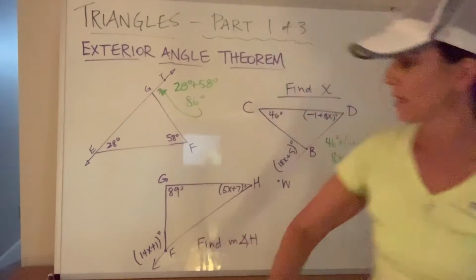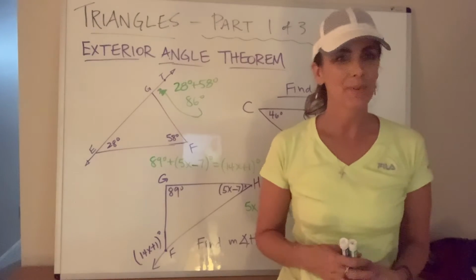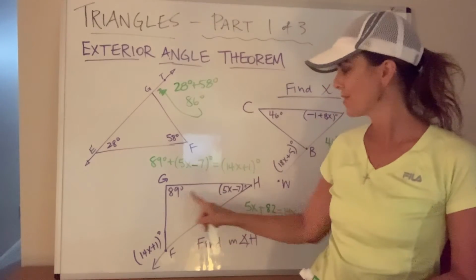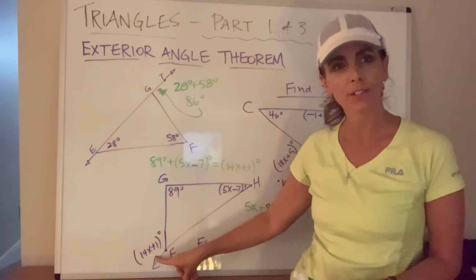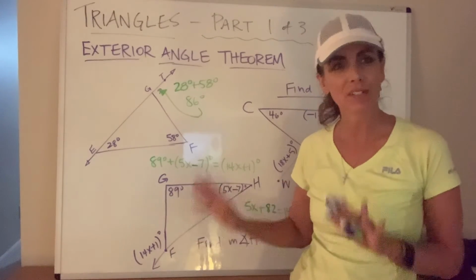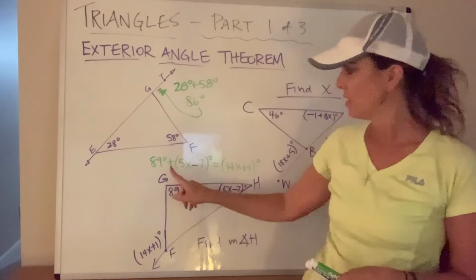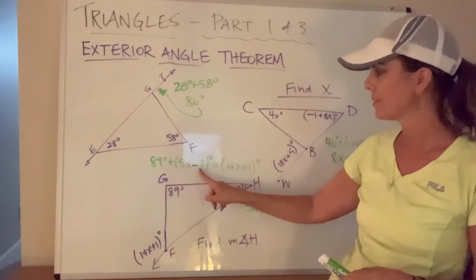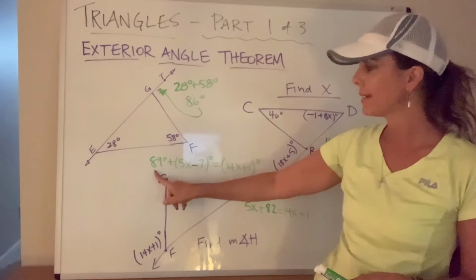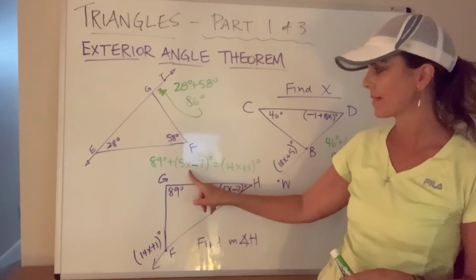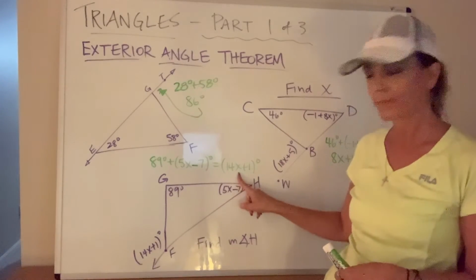All right, well, let's head over here to this one. In this last example, we are given the measures of two remote interior angles. We're also given the measure of one exterior angle. And since we know that relationship now, I can equate those and use the equation to solve for x. So if I equate the two interior angles to the exterior angle, I'm left with this equation. 89 degrees plus 5x minus 7 degrees is equal to 14x plus 1 degree.